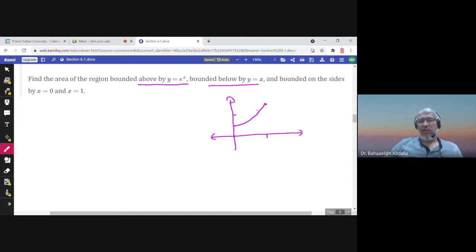And y equals x, this is a straight line. At 0 it is 0, at 1 it is 1. So this is the straight line, y equals x. So we need the area. Sorry, there is a mistake in the graph.